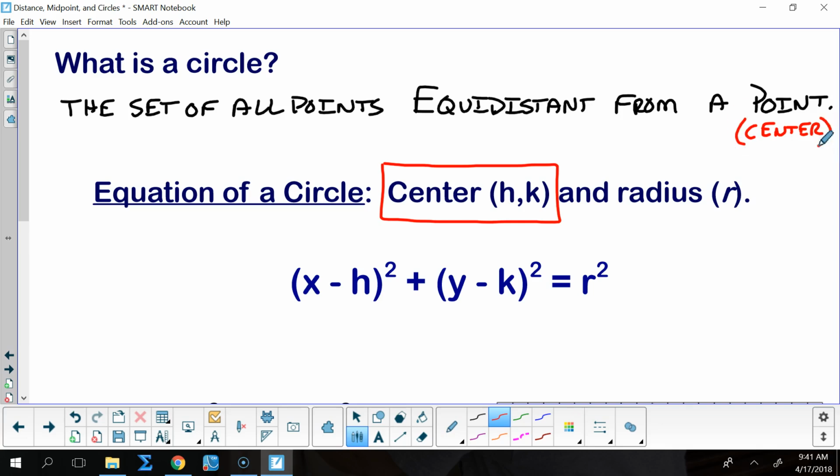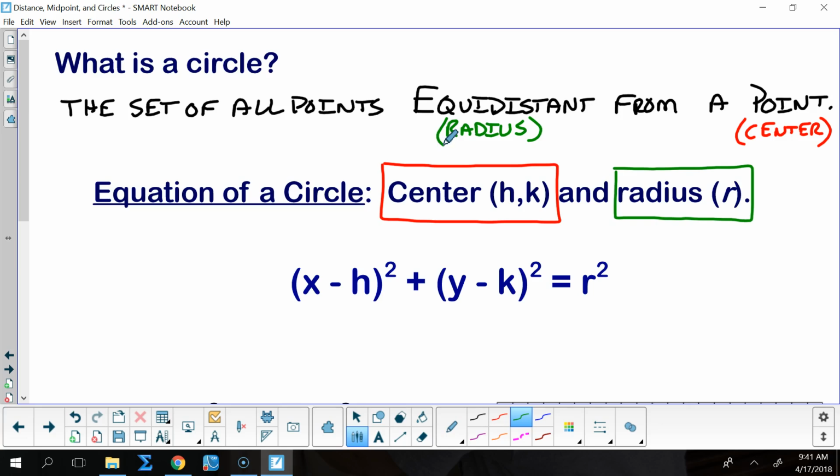So the center is a point, and it's that point that we're equidistant from. The second crucial part is the radius, and that is this equidistant value.